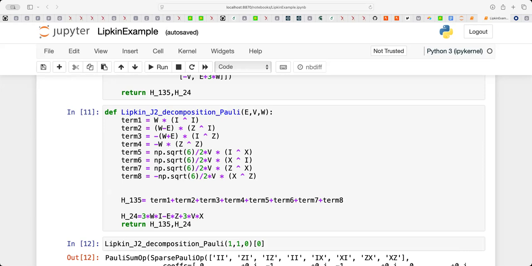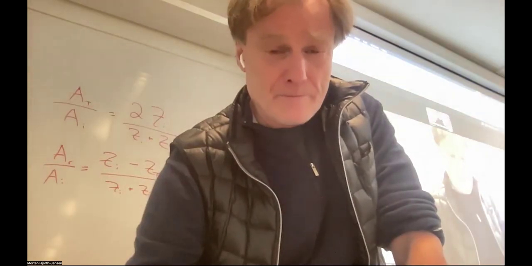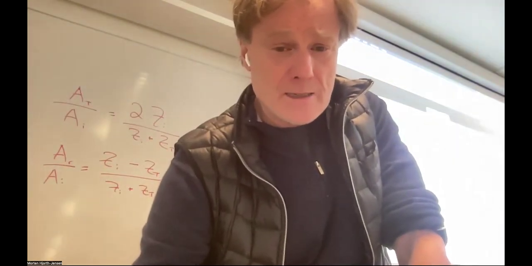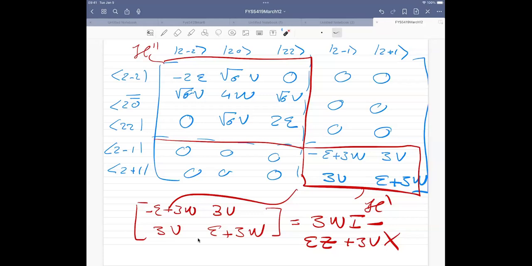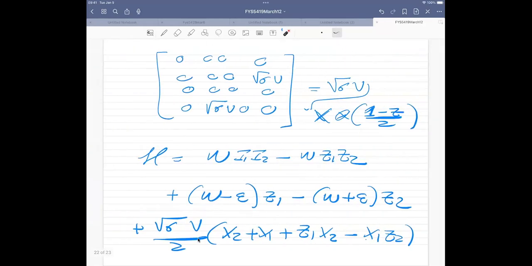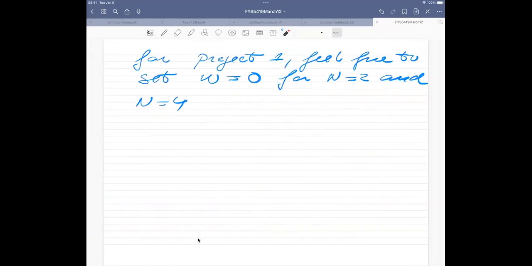So let's just go back to the Jupyter notebook here. No, the whiteboard, sorry. So the simplest possible ansatz, which we also discussed in connection with the 1 qubit case, is to start with something which runs like this.